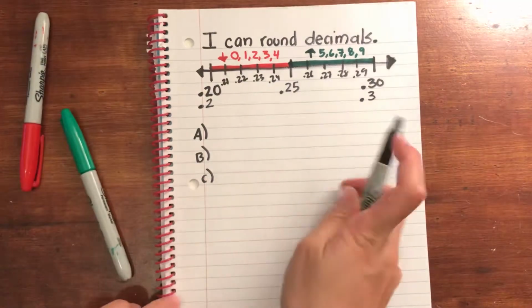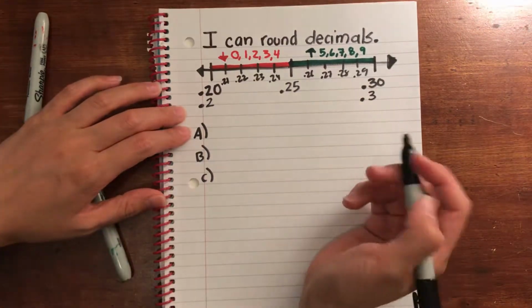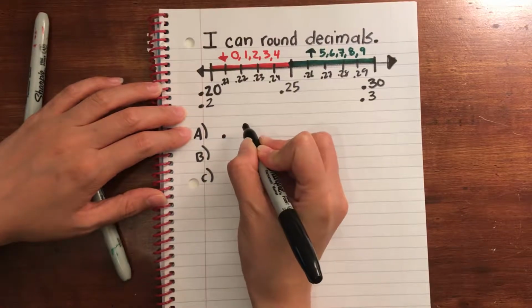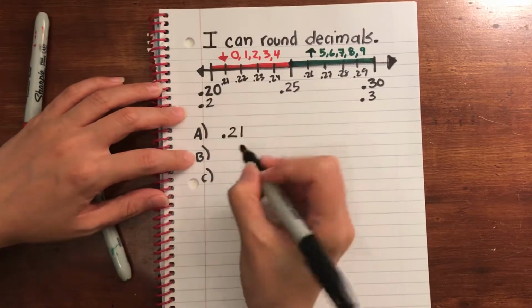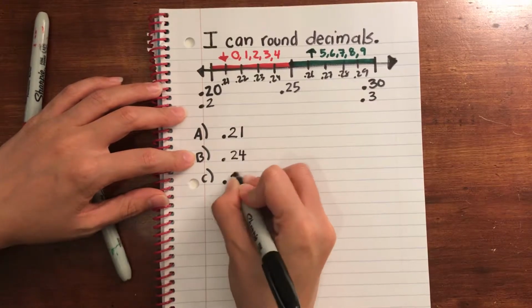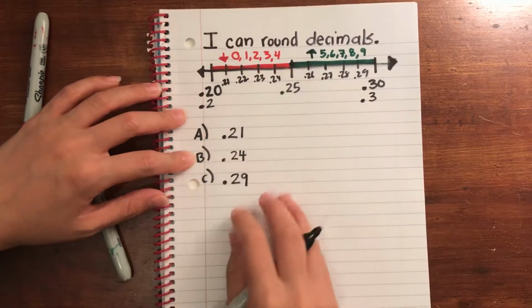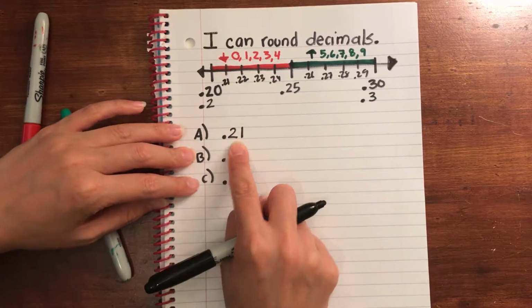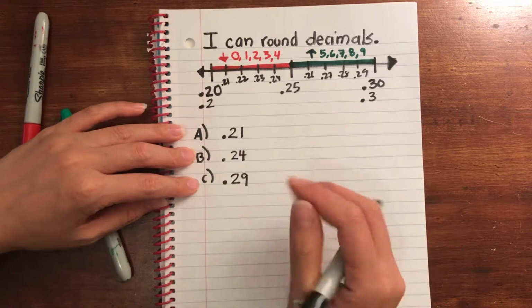So let's look at the hundredths, but then we'll talk about rounding to the tenths place value. So let's use the decimals, 21 hundredths, then 24 hundredths, then 29 hundredths. Okay, and let's say we're rounding all of these to the nearest tenths place. So let's start with 21 hundredths. Let's look at the visual conceptual part and then we'll look at the procedure.